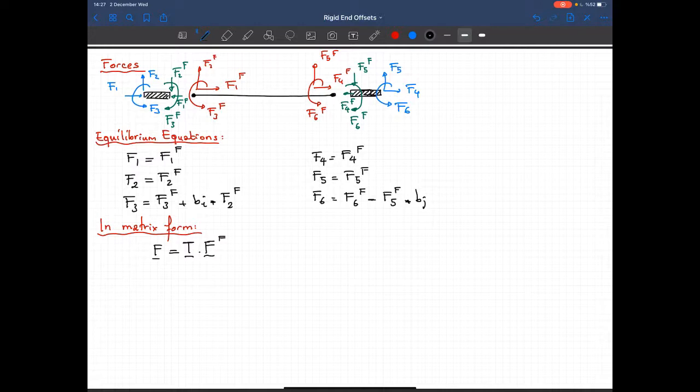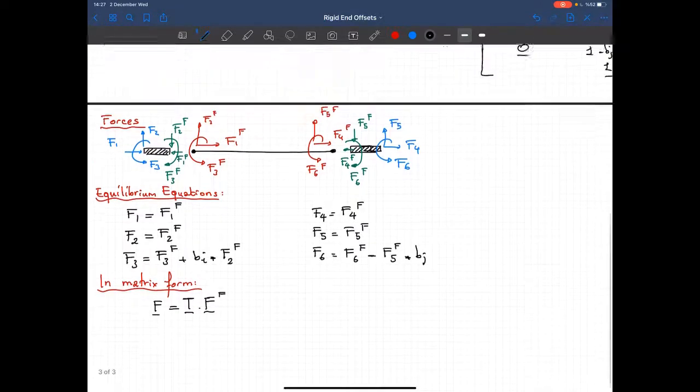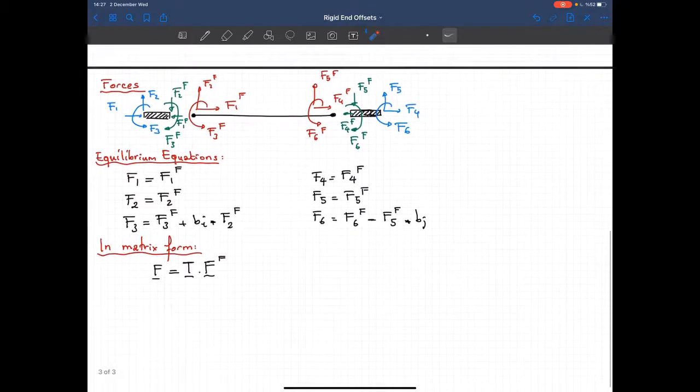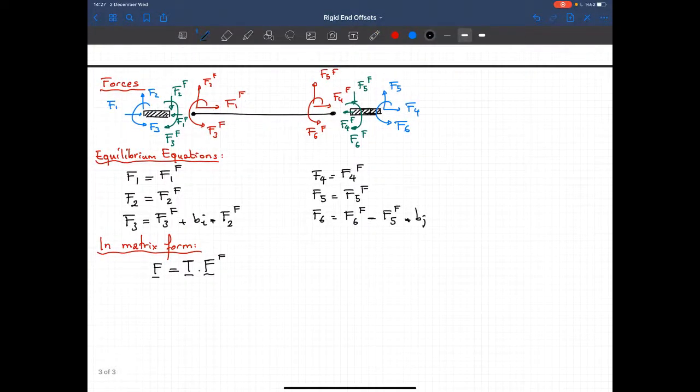And from the constraint equation discussion, we know that the relationship that relates the displacements and the forces will be the same transformation matrix, but one of them should be the transpose of the other. Okay, so let's see if that's true.